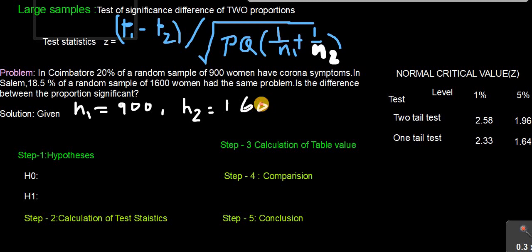That is, 1,600 people were taken, and 18.5% were affected. Now what is P1?